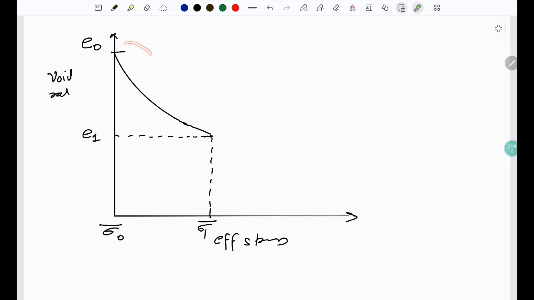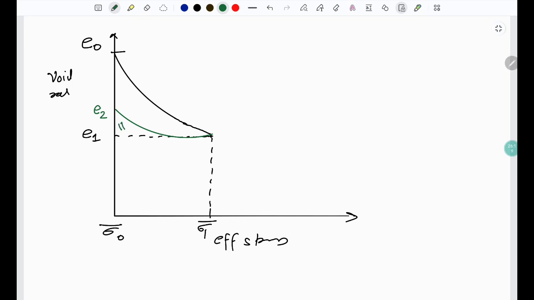Throughout this change from e0 to e1, elastic as well as plastic settlement has occurred. But as soon as you remove this sigma 1 bar, the plastic part will remain because you cannot get it back, but the soil will try to regain the elastic settlement, or the elastic change in void ratio that had happened. Therefore it will try to regain that elastic settlement, and it will reach the void ratio e2, which is relatively much lower than e0, but it will nonetheless try to come back.